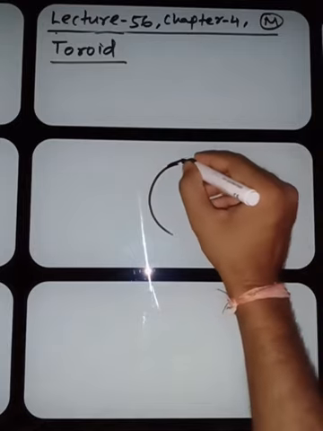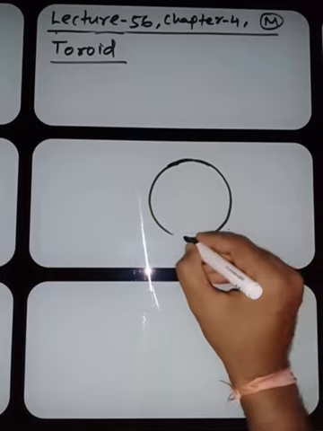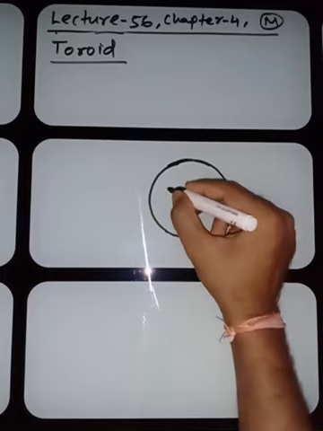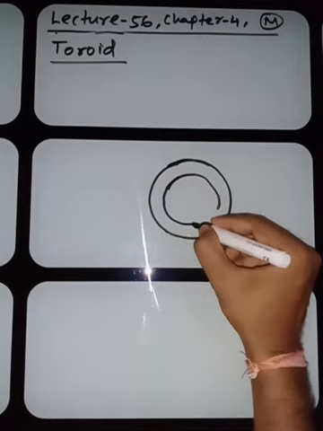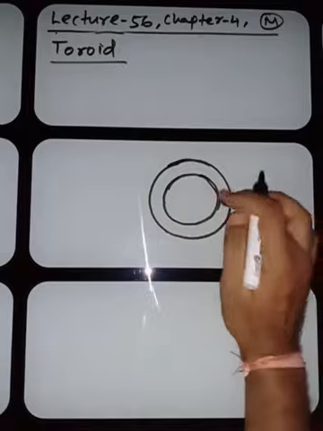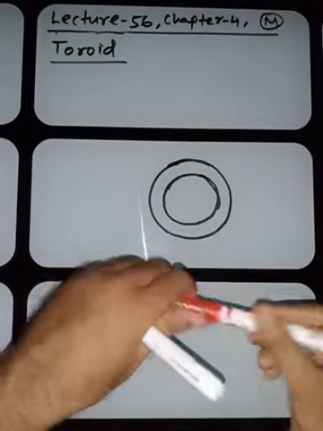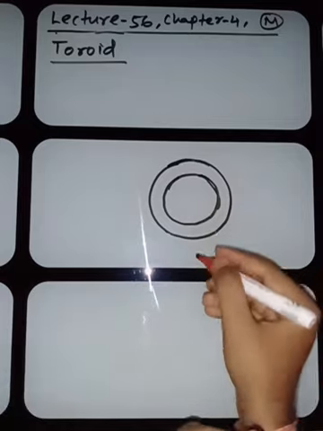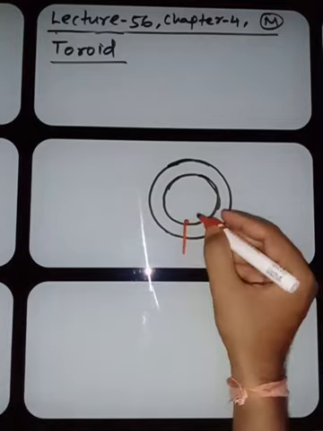So you will find this type of arrangement, and there is turning in this arrangement. You can see it is like this way.